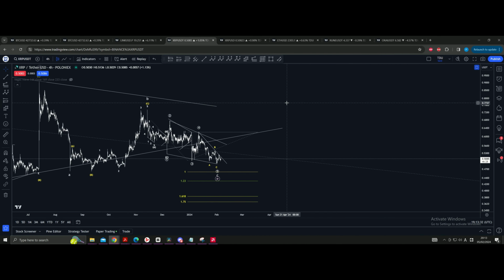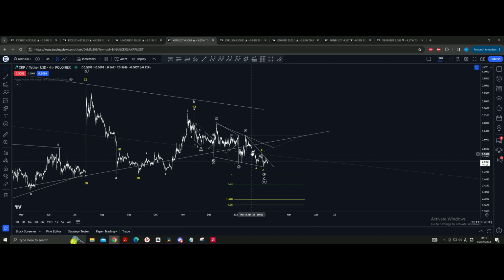nothing new here either, in case we're building, like, you never know when exactly an ending diagonal is over, because this is too short of a C wave, right?